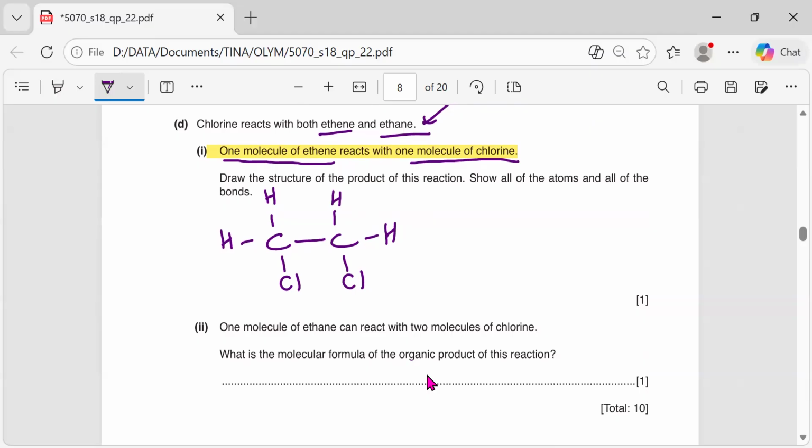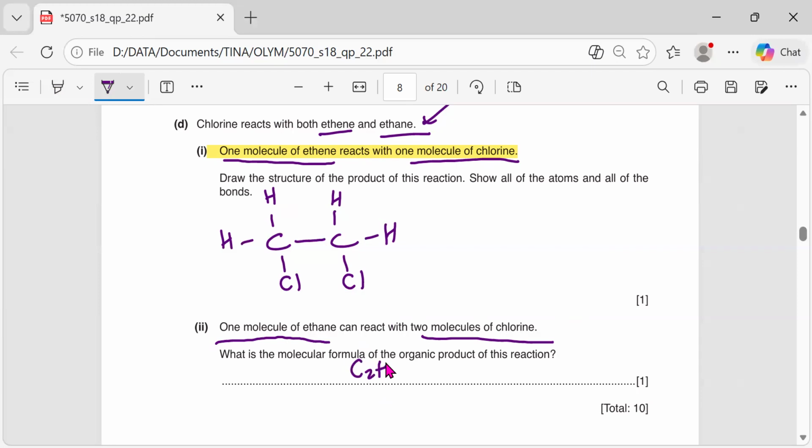One molecule of ethane can react with two molecules of chlorine. What is the molecular formula of the organic product of this reaction? Two molecules of chlorine got how many Cl? 4. So how much are you left with?